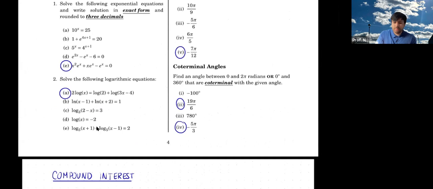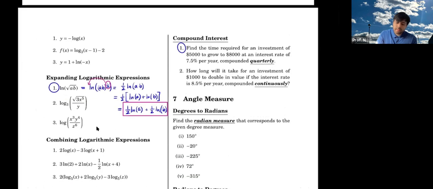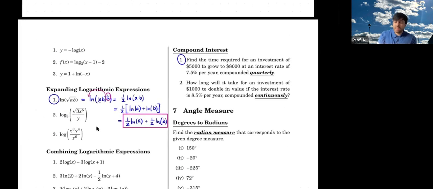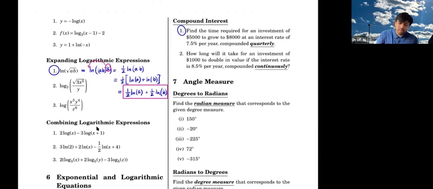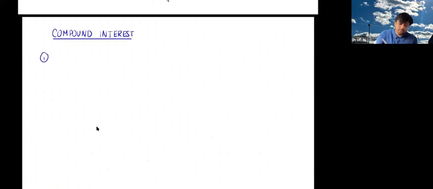So what does compound interest number one say? It says find the time that it takes an investment to grow from 5,000 to 8,000 at an interest rate of 7.5% per year compounded quarterly. Okay, so this reminds me of using the formula for compound interest, which is A equals P times (1 plus r over n) to the nt.